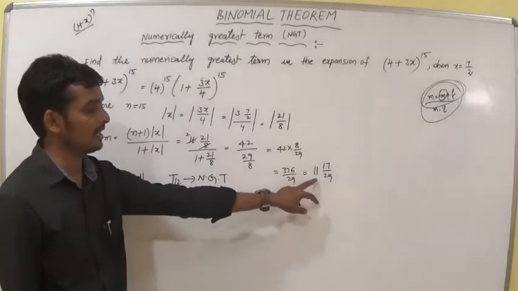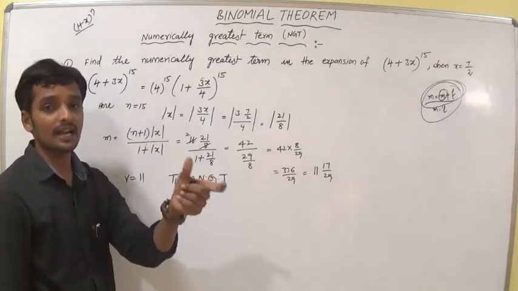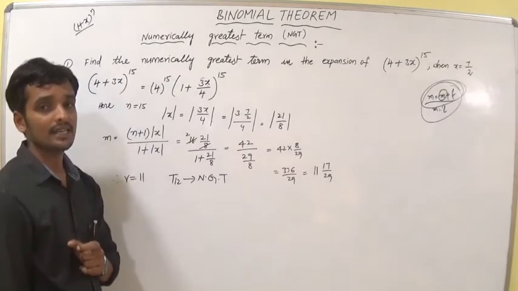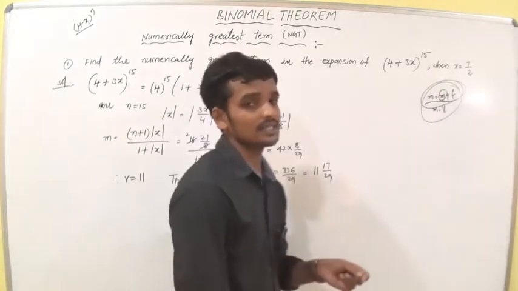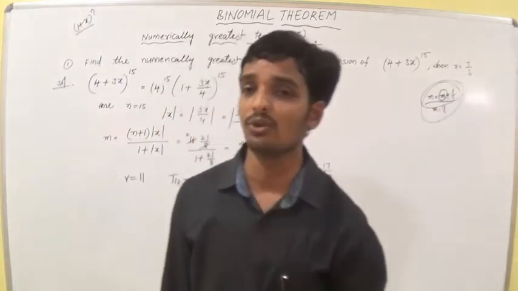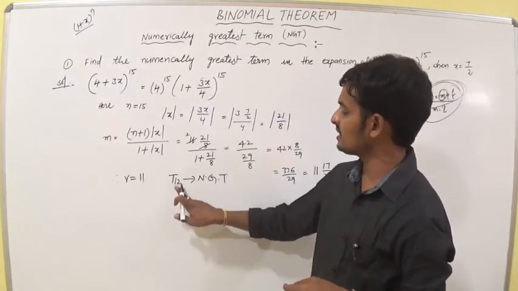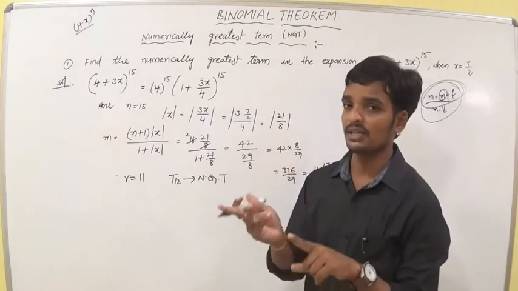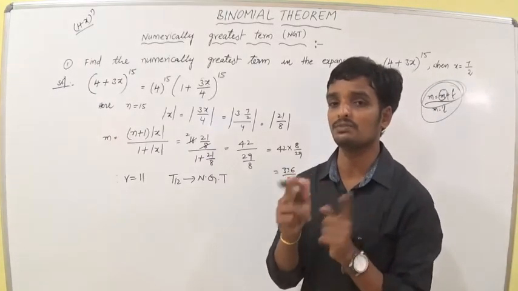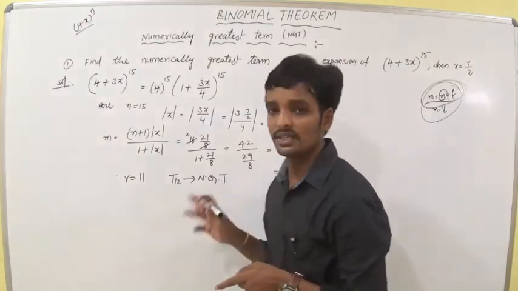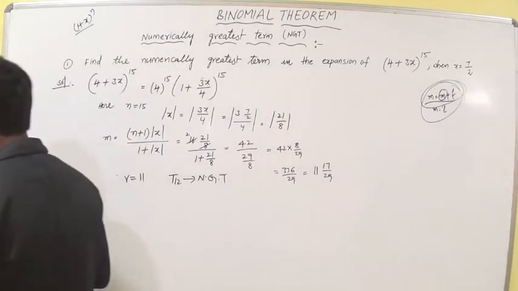M value is 11. M we are taking as r. Why? Because we have discussed already, r is less than or equal to m. So r is equal to 11. T12 is t m plus 1. M is 11, 11 plus 1 is 12. So t12 is the numerically greatest term.